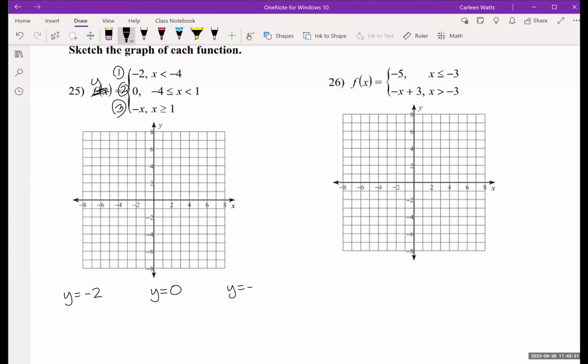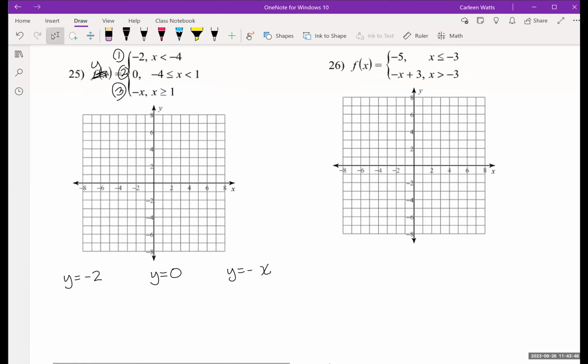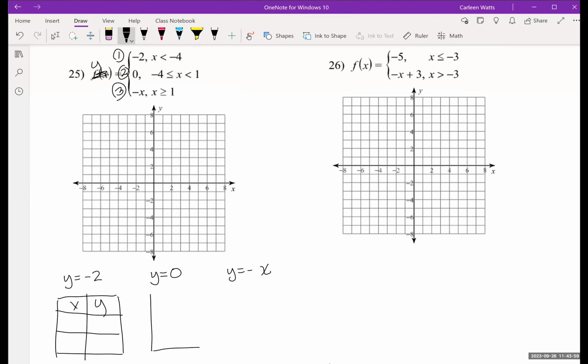Y equals -x. There's my third piece. Now, none of these have any exponents, so I can see that these are linear. I'm going to make a little table. A little 2-point table, because I only need 2 points to determine a line.